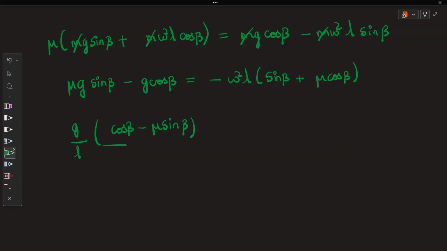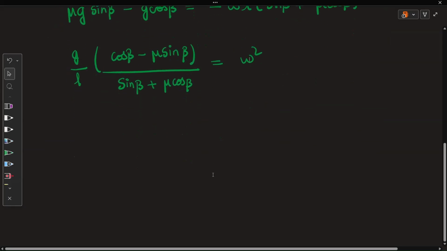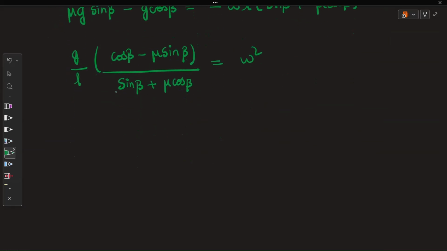whole divided by sin beta plus mu cos beta, which is nothing but omega squared. So let's make this fancy. Why so many writings? Let me divide by cos beta.